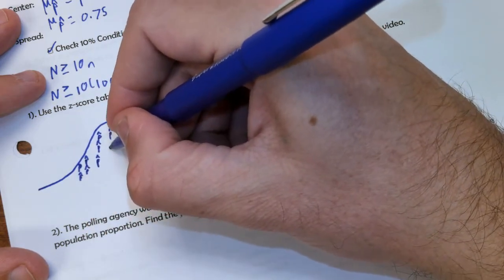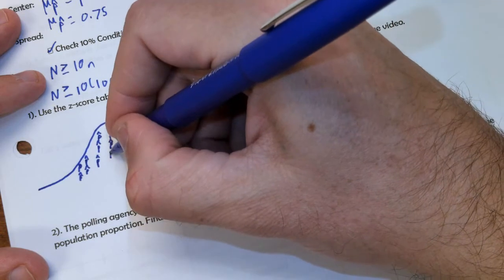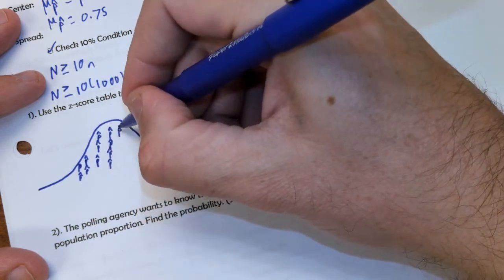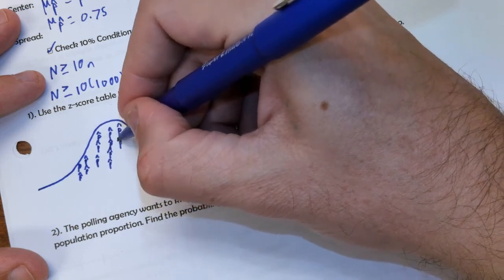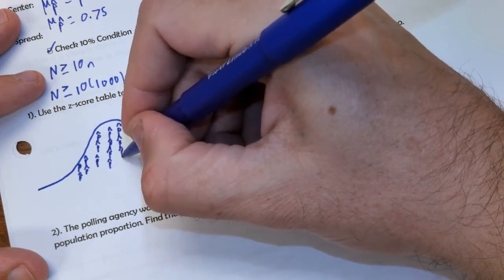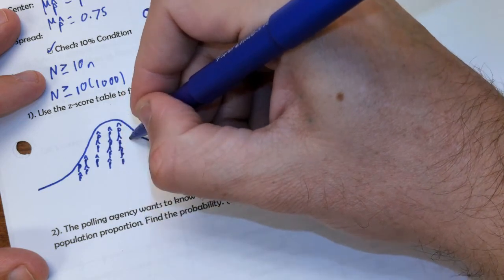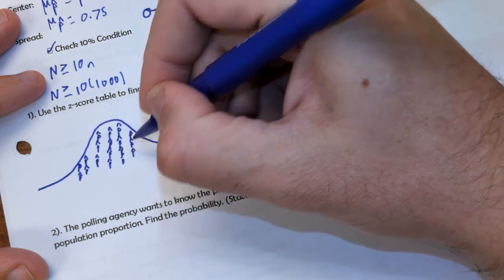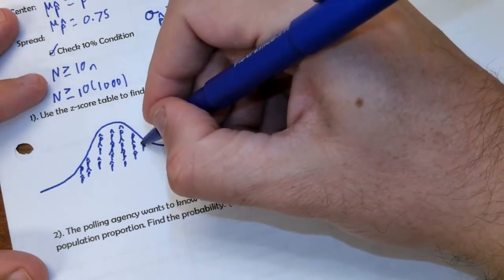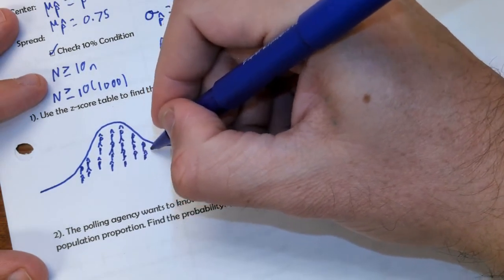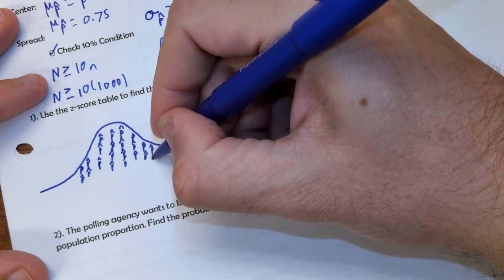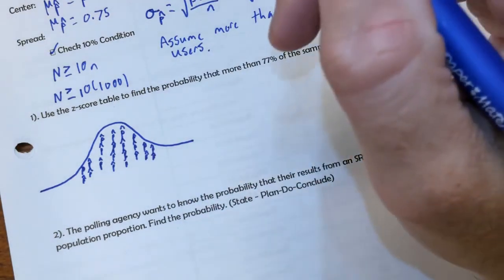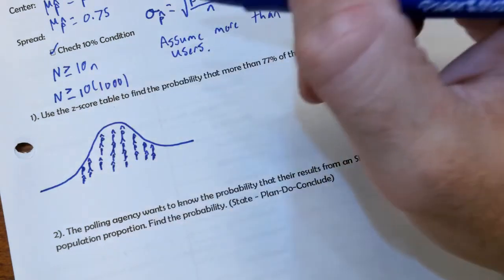These are all p hat values, every possible p hat value of a sample of 1,000 individuals, as opposed to individual values. So I have all of these possible choices of different p hat values I could choose from.